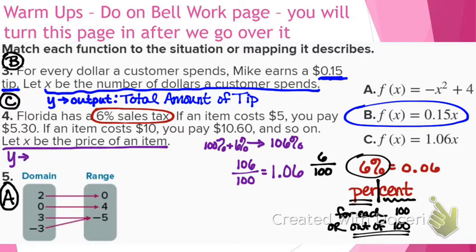So Y, the output, is the total cost at checkout. Does that make sense? Okay.